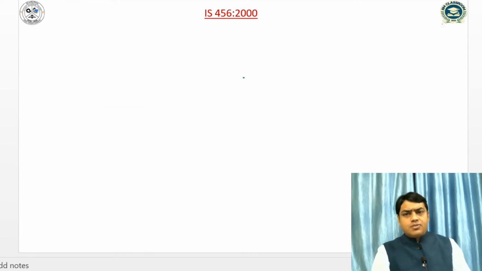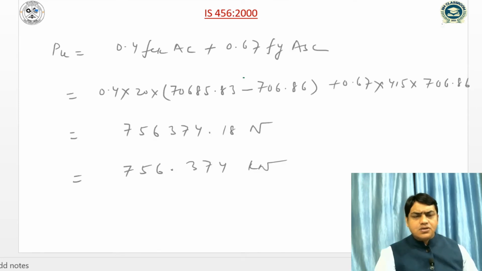Now the ultimate axial load can be computed as PU is equal to 0.4 FCK into AC plus 0.67 into Fy into ASC. So the axial load can be computed here. I have computed that, it is 756.374 kilonewton.